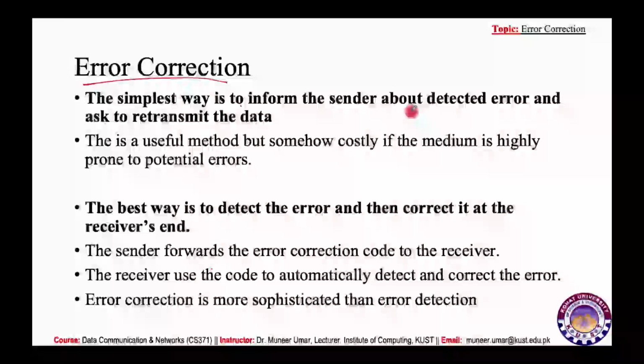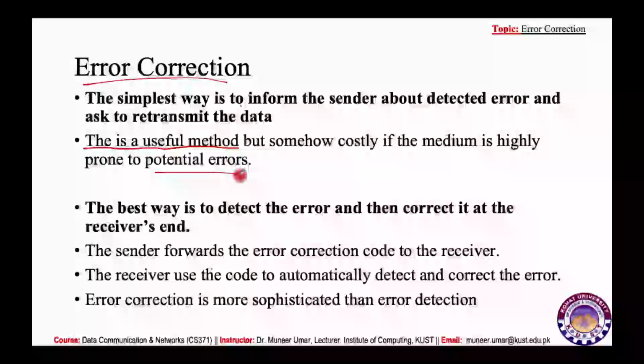This is a very useful method and very common in most data communication systems, but somehow it is costly, because if the medium is highly prone to errors, then such requests for retransmission would be very high and bandwidth will be lost on the retransmission of data.